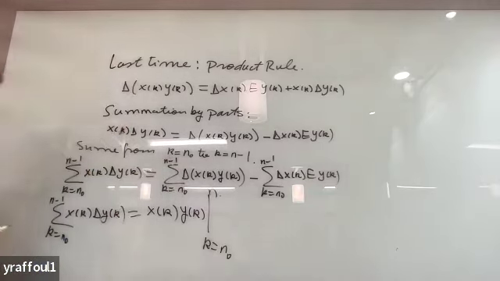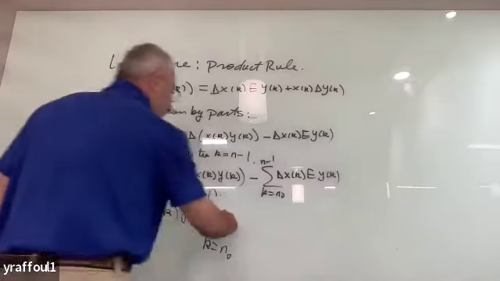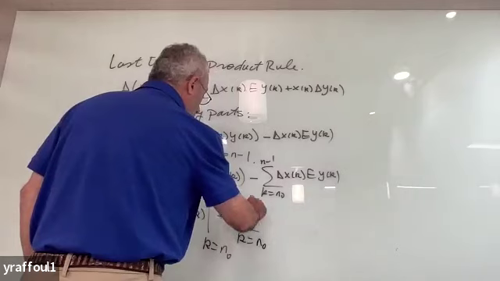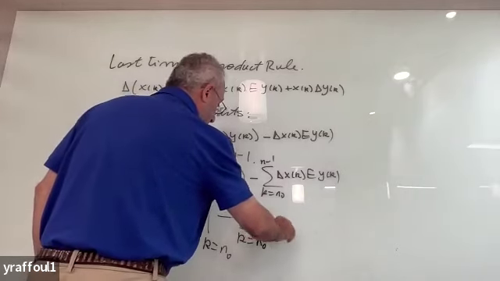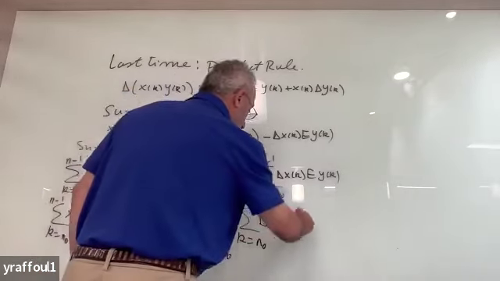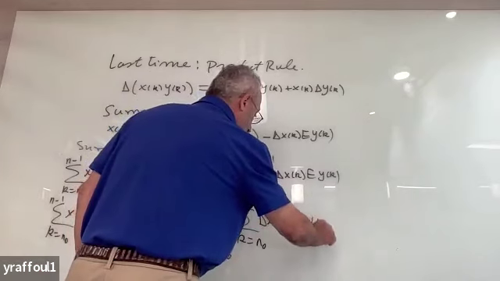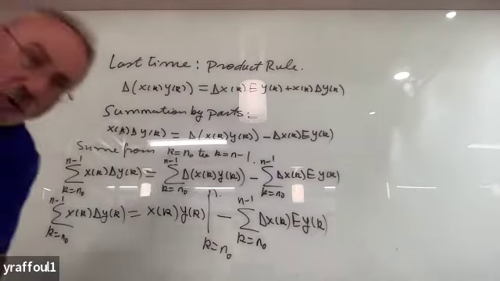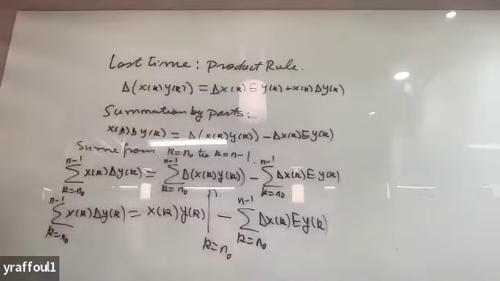Remember, n minus 1 becomes n, minus the sum from k equal n0 to n minus 1 of del x_k E y_k. So this is a summation by parts formula, right?